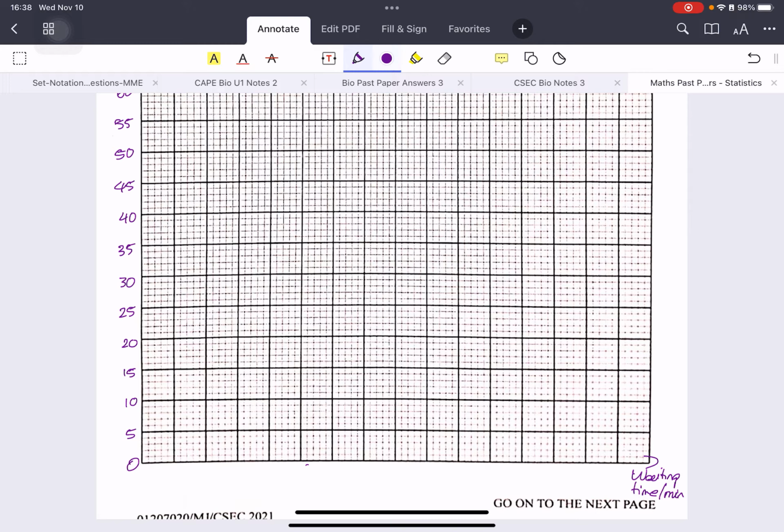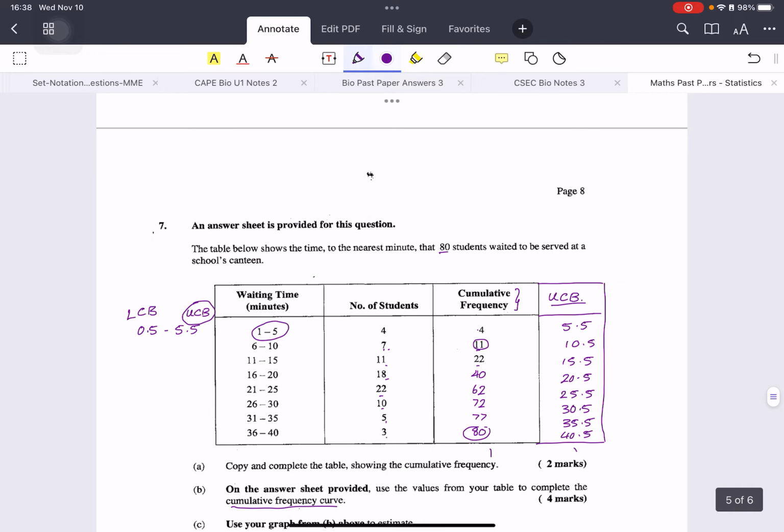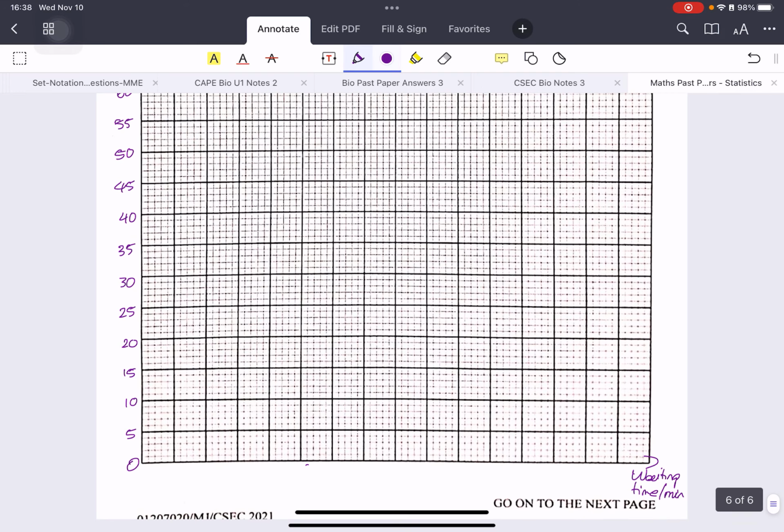I'm going to put a 0 here. So the total amount of time that somebody would have been waiting was around 40.5, right? So I think we should just use 5 for each centimeter again. Okay, that should be it there.